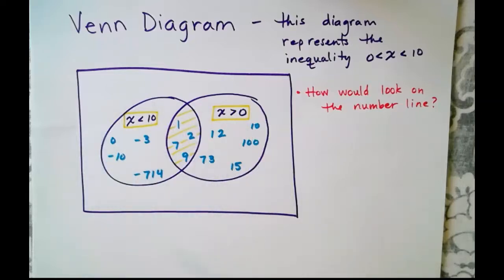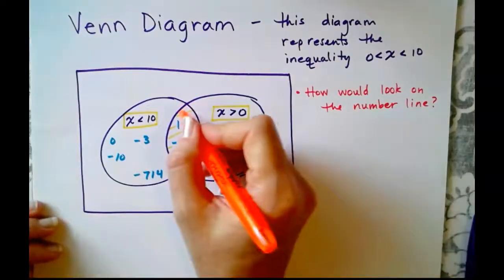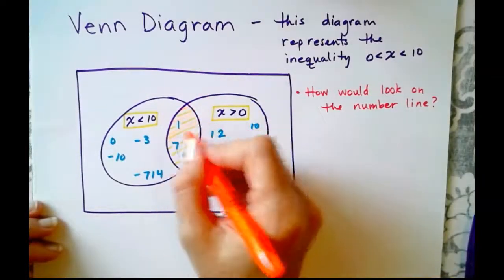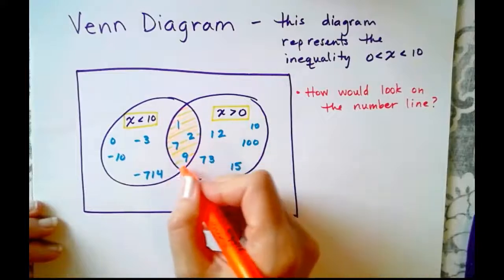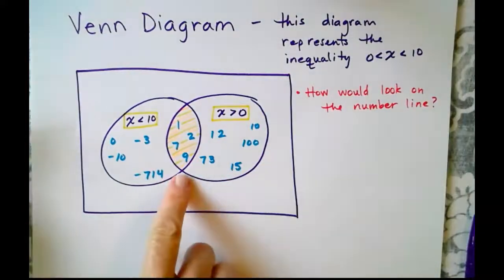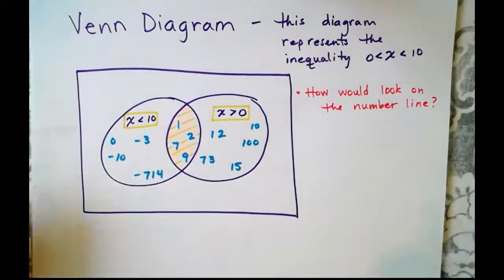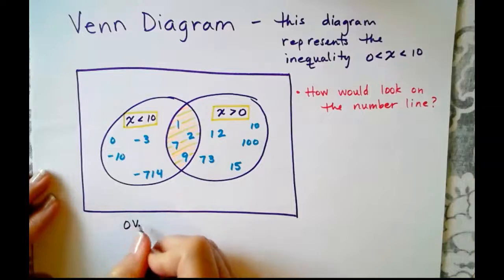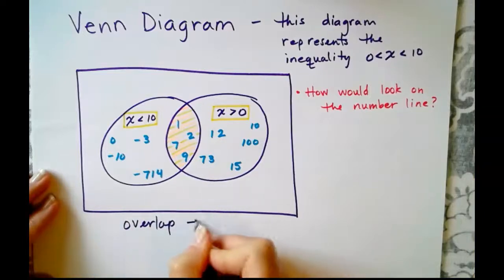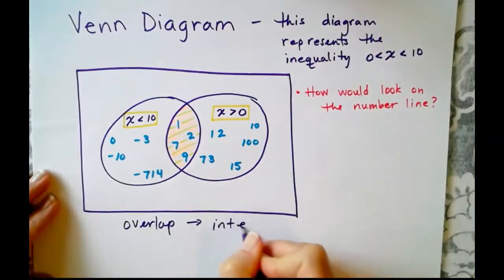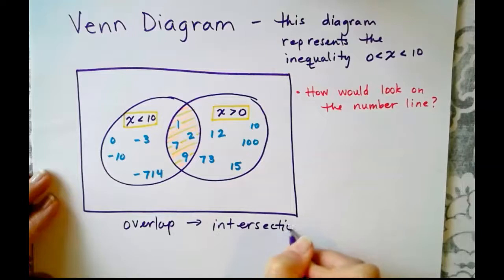Well, before we get to the number line, let's think about what this Venn diagram is showing. Now, I used the word overlap on the previous page, and we indeed have overlap with this Venn diagram. And we see some numbers within the overlap. That overlap is called the intersection of the sets.